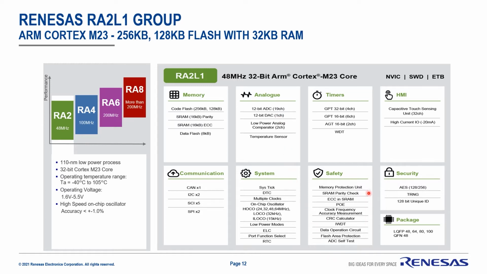We have safety functions for motor control applications, for example. We also have security functions embedded in this device. And concerning HMI, as I have mentioned, we embed our latest capacitive touch IP.